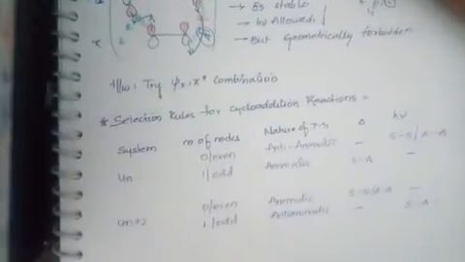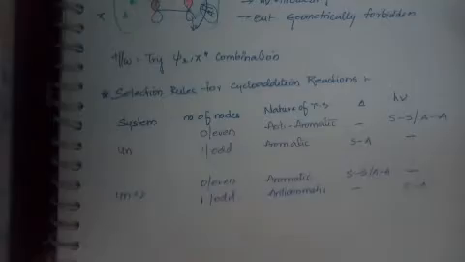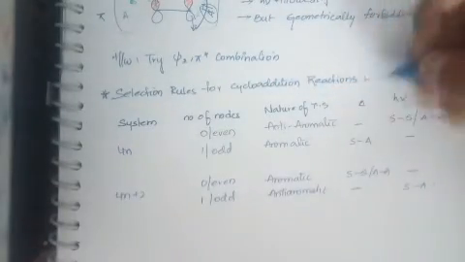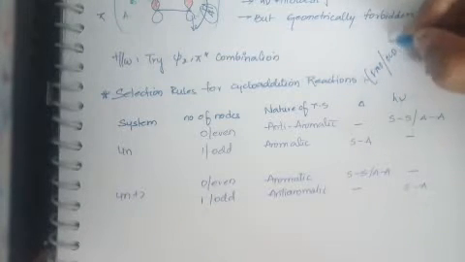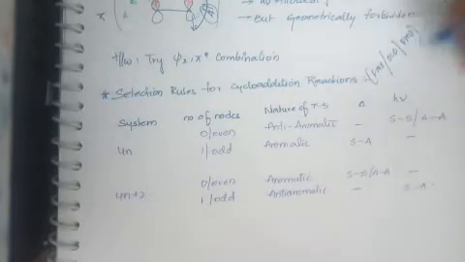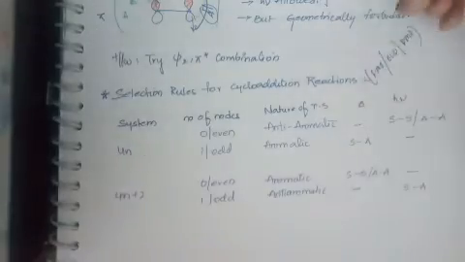So at last, we will come to the selection rules of cycloaddition reactions. Listen girls, the selection rules of cycloaddition reactions will be the same even if you take the FMO approach, or the OCD approach, or the PMO approach. Whatever approach you take, these rules will not change. If you want, you can check once.